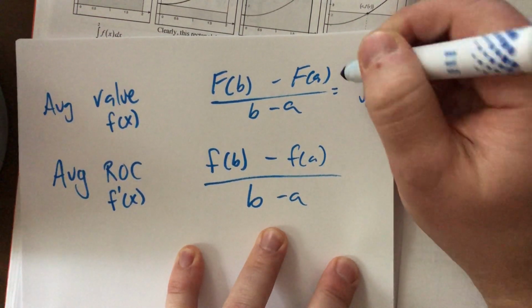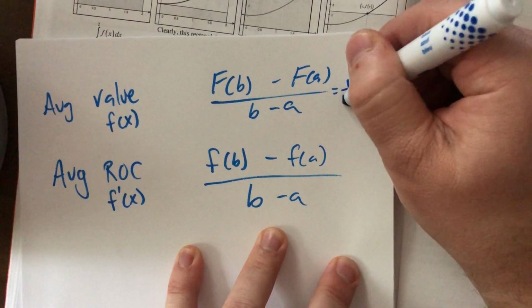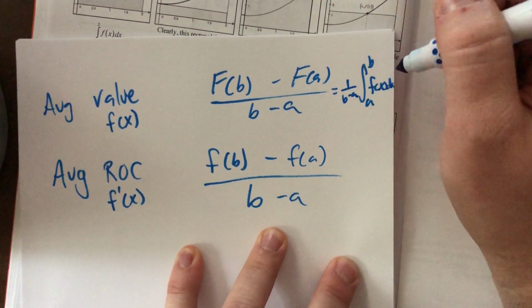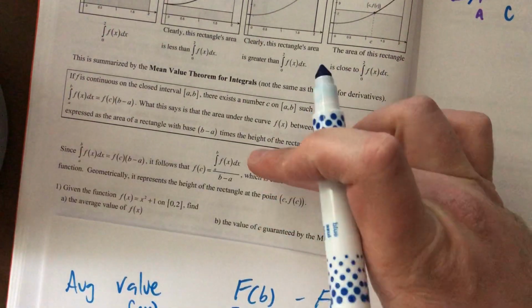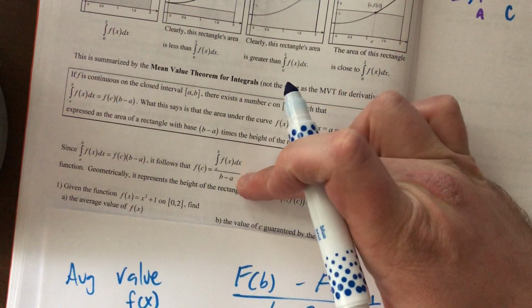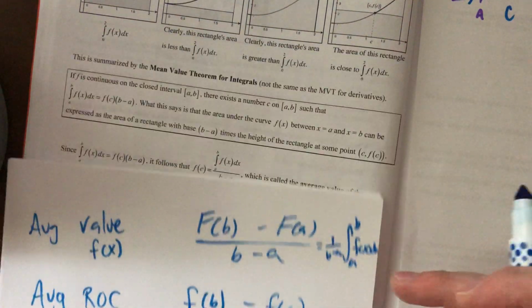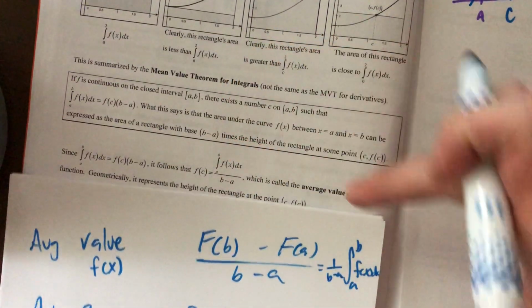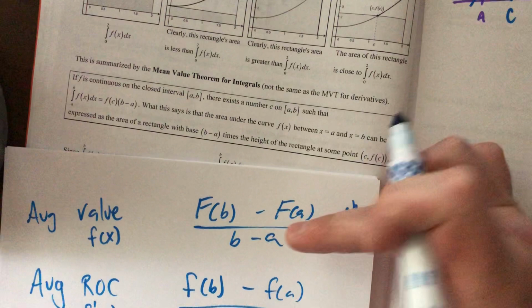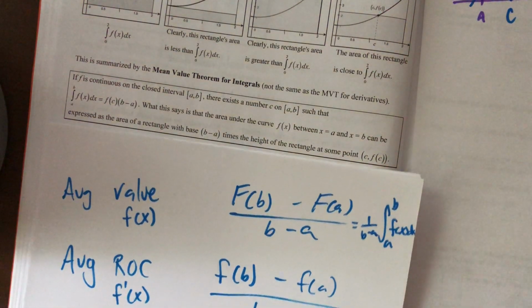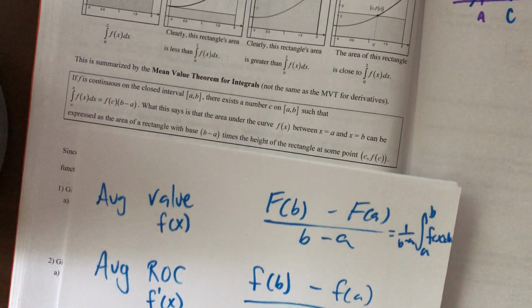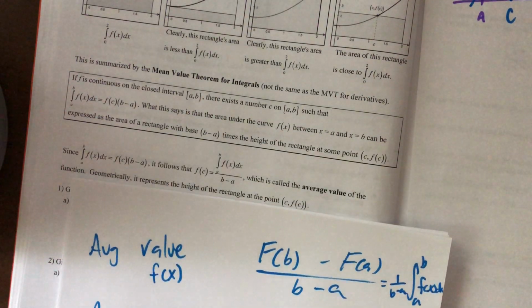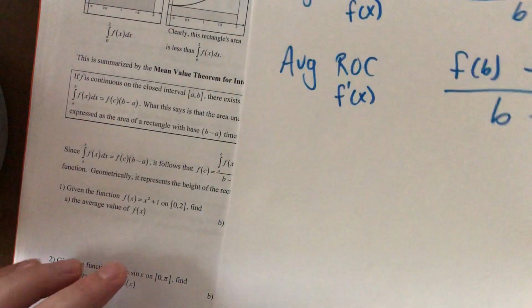And then instead of putting it all over b minus a, if you put 1 over b minus a out front, at least for me, that feels a little better than the way that Stu shows it. He has the integral on top and the b minus a on the bottom. But his version and this version are literally exactly the same. There is no difference mechanically between them. It might just help you think about it more accurately.